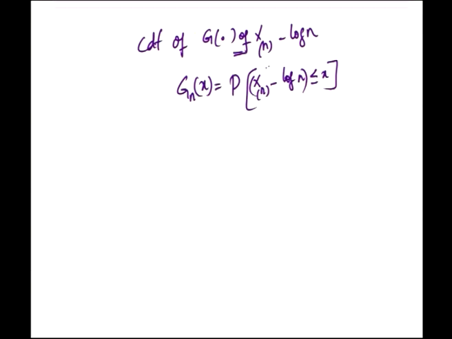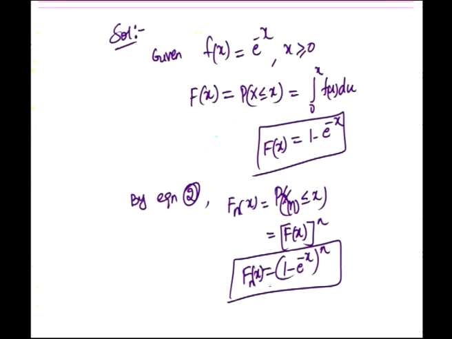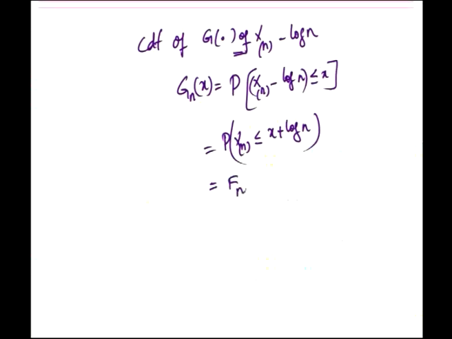Now, in the place of x you are having Xn minus log n, which is P of Xn less than or equal to x plus log n. Just look at the previous one, that is Fn of x. In the place of Fn of x you are having Fn of x plus log n, right. So, this is Fn of, in the place of x you are having x plus log n.